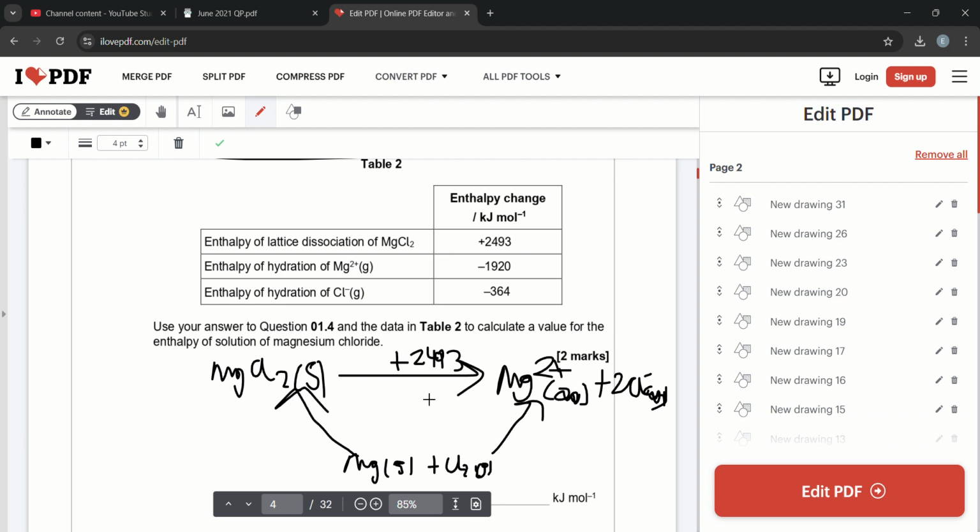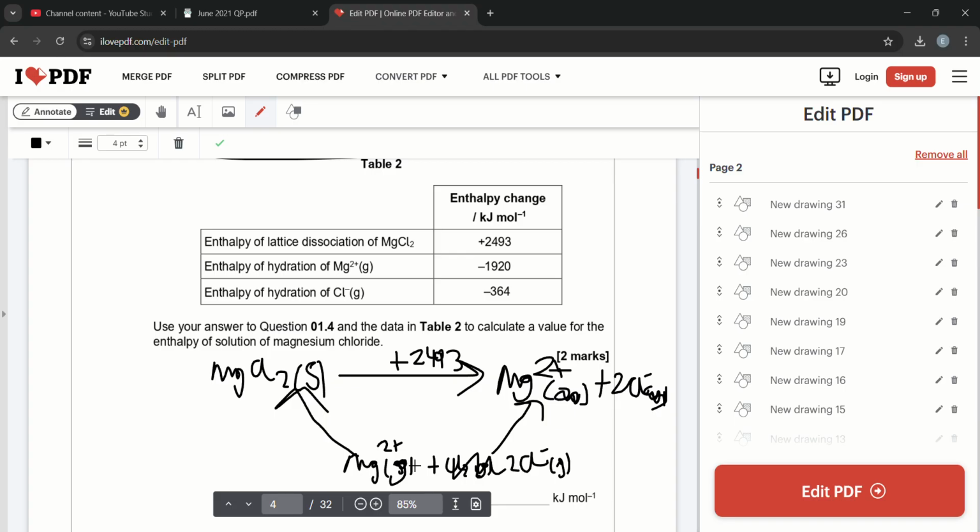That's the enthalpy of solution of magnesium chloride. Well, actually, that should be 2Cl-, not Cl2. 2Cl- in aqueous, and that should be Mg2+ aqueous.